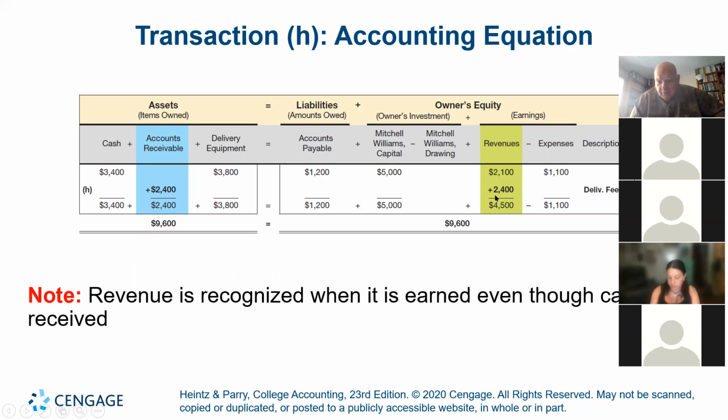Delivery fees went up by 2,400, and accounts receivable went up 2,400. When we get paid later, we're going to take that $2,400 and move it into cash and get rid of the accounts receivable. And again, revenue is recognized when it's earned, even though the cash has not moved yet. Very important concept.